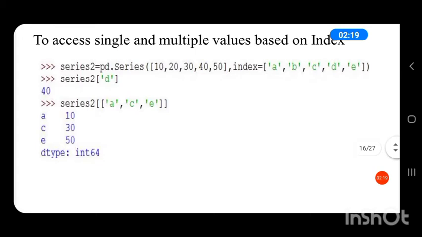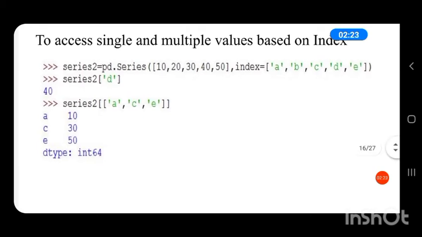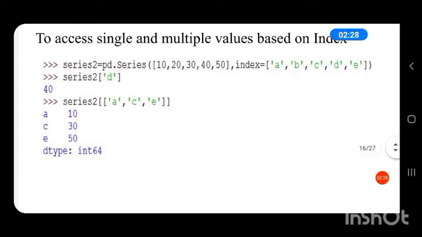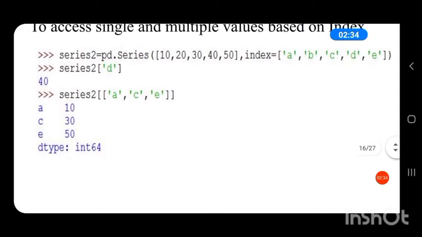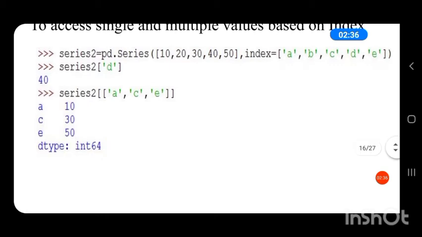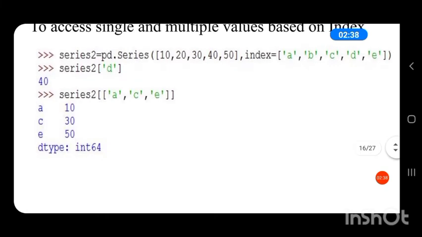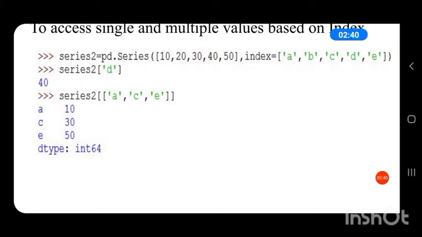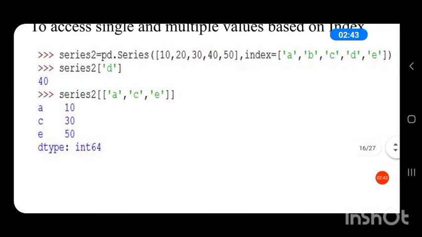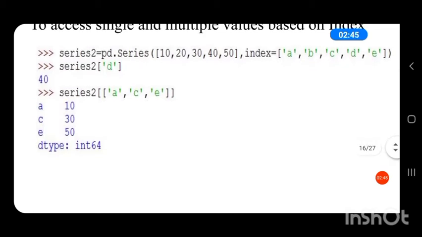Here we have given A, C and E. The output is the indices A, C and E and their corresponding values: A is pointing to 10, C is pointing to 30 and E is pointing to 50. So the indices and their corresponding values are retrieved.